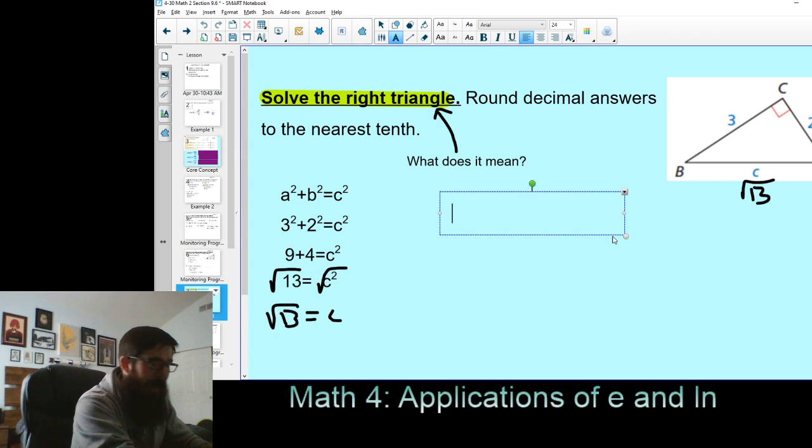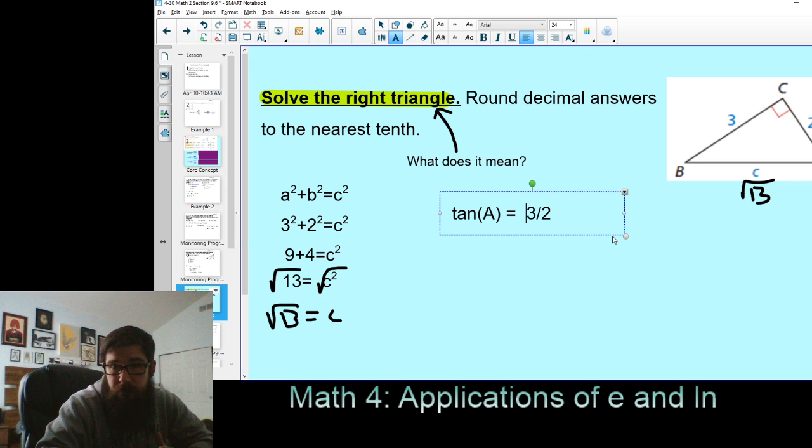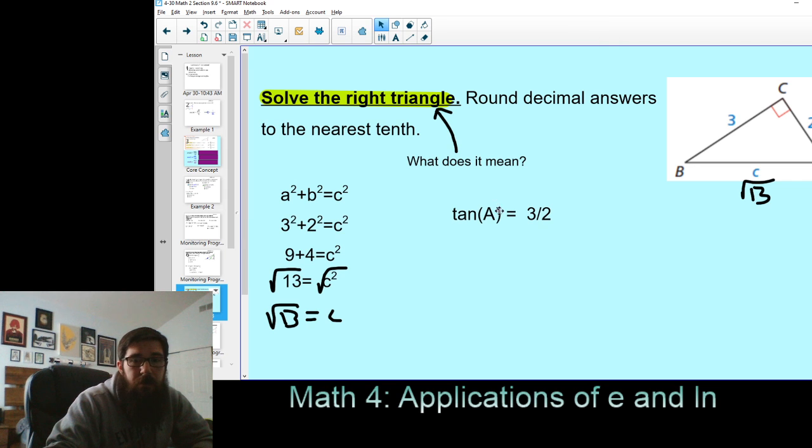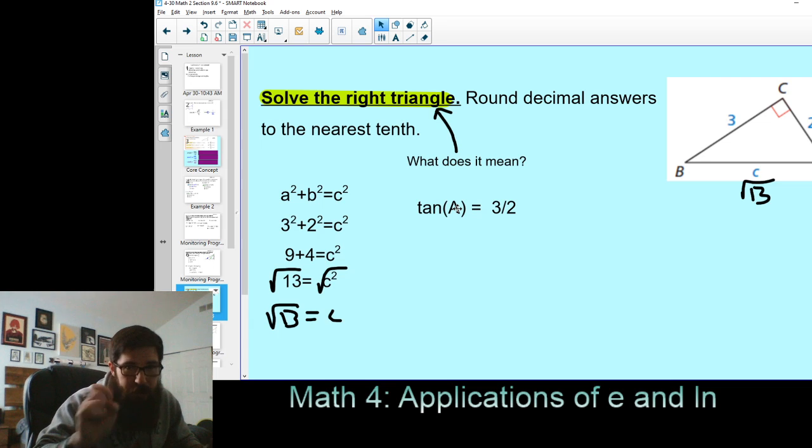So what I would know right now is I could say tangent of A is equal to 3 over 2. That's true. Now, I could, instead of doing it this way, say, well, I don't want to use tangent. I just did all this work to find c, which is the square root of 13.